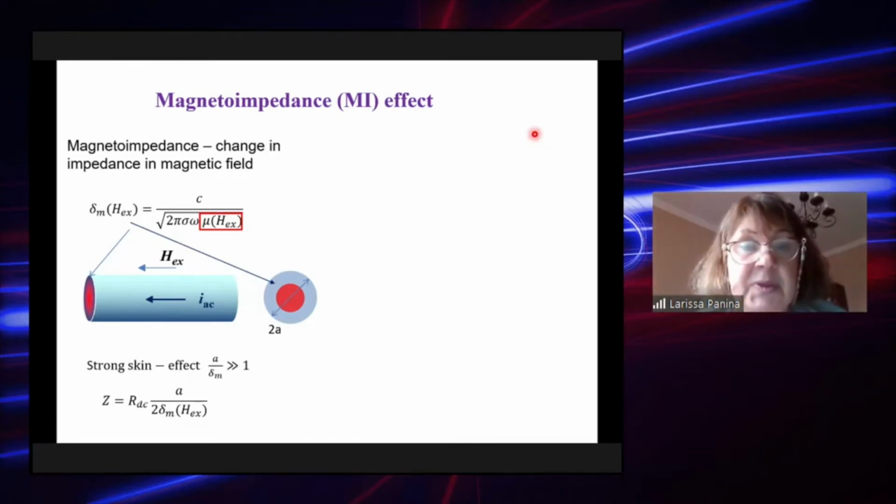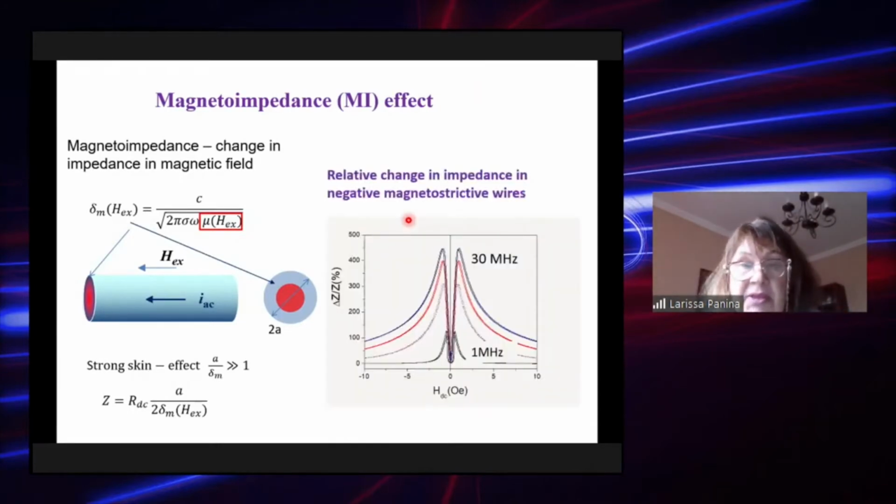But the wires possess the magnetoimpedance effect, which is related to the skin effect, and typically at gigahertz frequencies we can have an impedance change up to 400%, and even more, 600%. But important is that all this happens in quite small magnetic fields, in the range of just a few oersted.